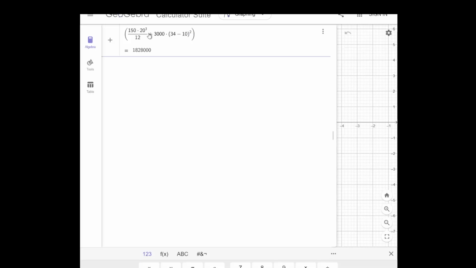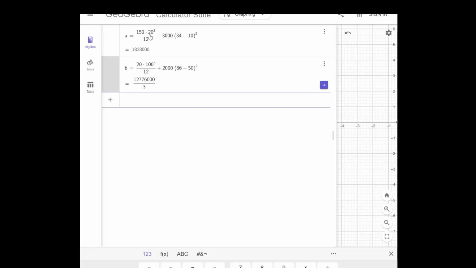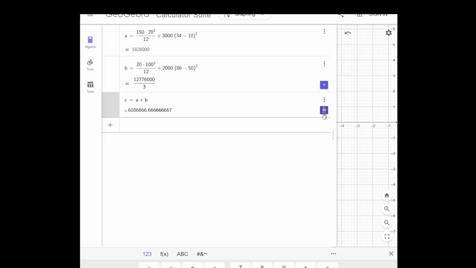Yeah, looks right. Plus the other one, which is going to be 20 times 100 to the power of 3 divided by 12, plus 2,000 times 86 minus 50, squared. Then I can do A plus B.